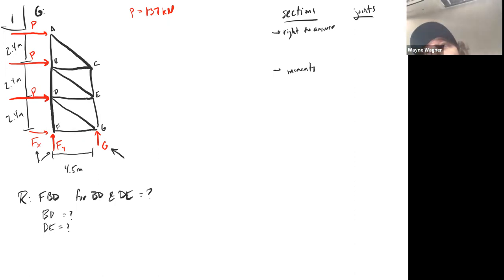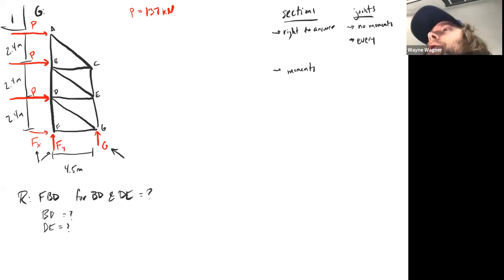But with joints, you don't have to deal with moments. And another plus is it gives you every force in every member of the entire structure. The drawback is it can be time consuming because you have to work your way through the structure. So it just depends on what you're doing here.